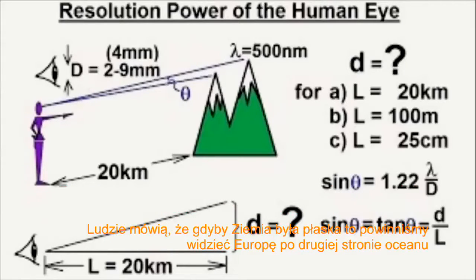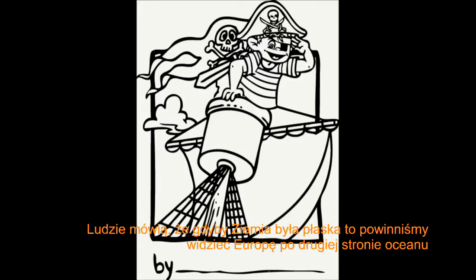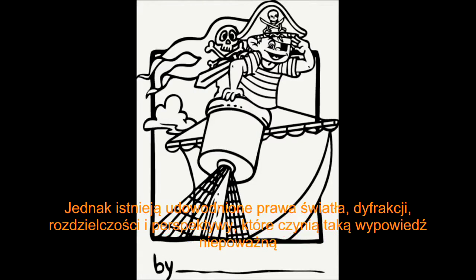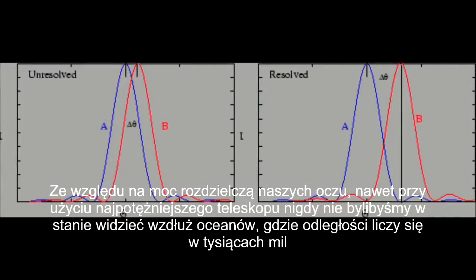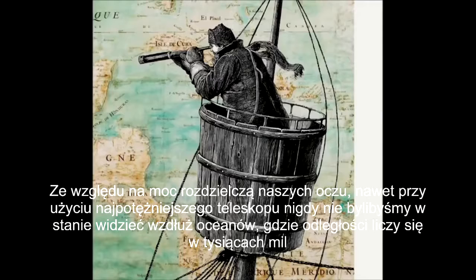So when people say, if the Earth was flat, then we should be able to see Europe across the ocean, there are scientifically proven laws of light, diffraction, resolution, and perspective that render this statement foolish. Due to the resolving power of our eyes and even the most powerful telescopes, we could never possibly see across an ocean that is thousands of miles in distance.